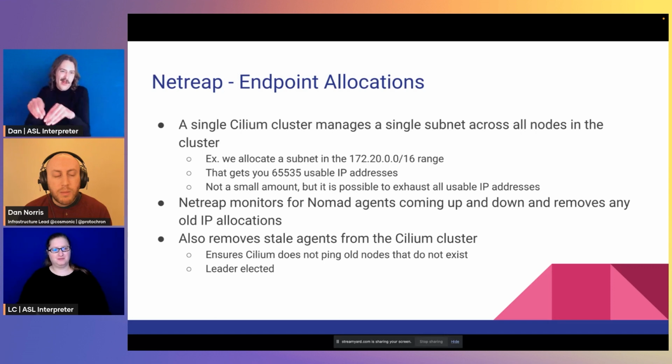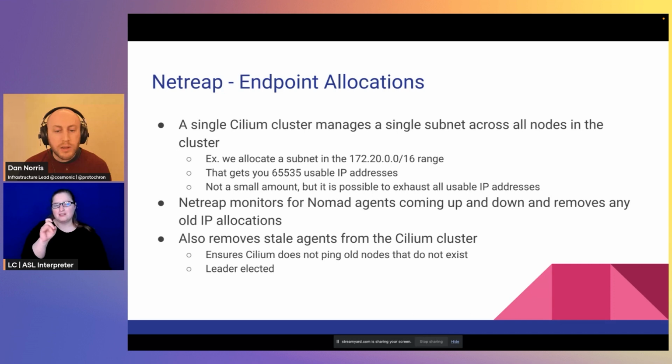So a little bit of an architectural digression, but a single Cilium cluster manages one subnet across all nodes in the cluster. So in the service that I showed you before, I actually allocate a 172.20/16 address range that gives you like 65,535 usable IPs, which is a pretty good amount of IPs.